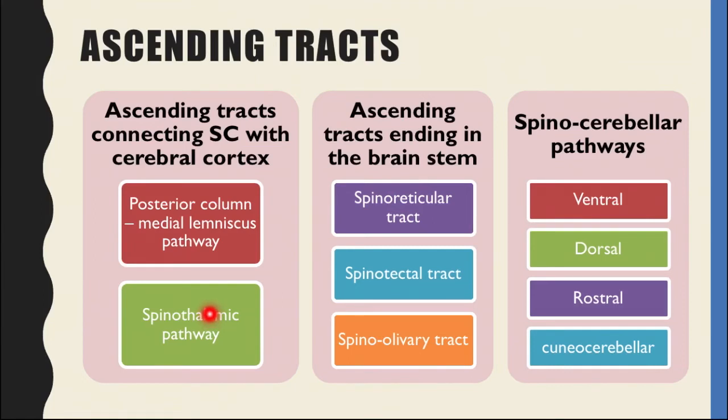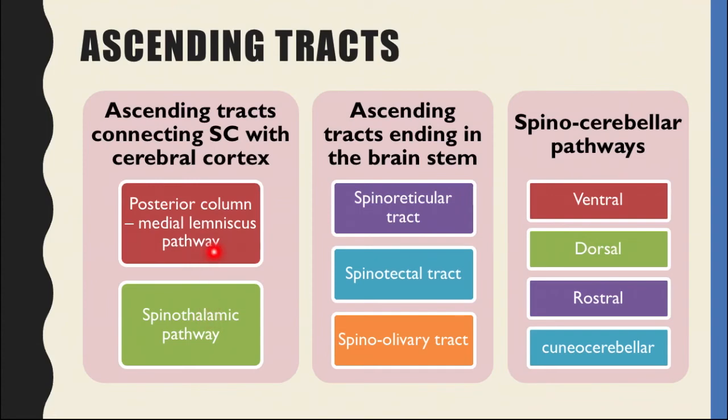Whether we call it spinothalamic, anterolateral or ventrolateral, all of these are one and the same thing. Or call them separate entities, like ventral spinothalamic and lateral spinothalamic, or anterior spinothalamic and lateral spinothalamic. All these are one and the same thing.